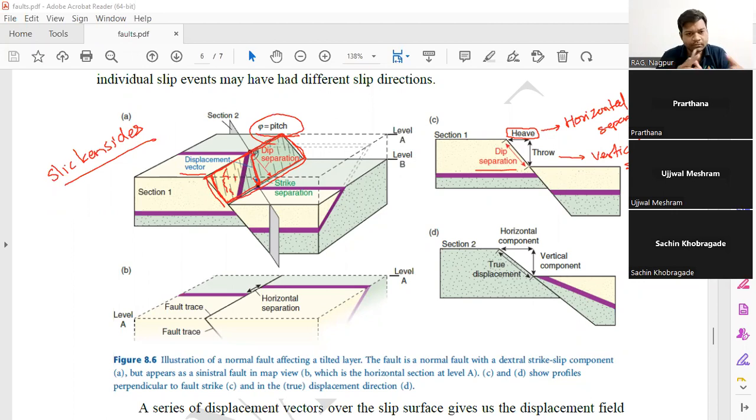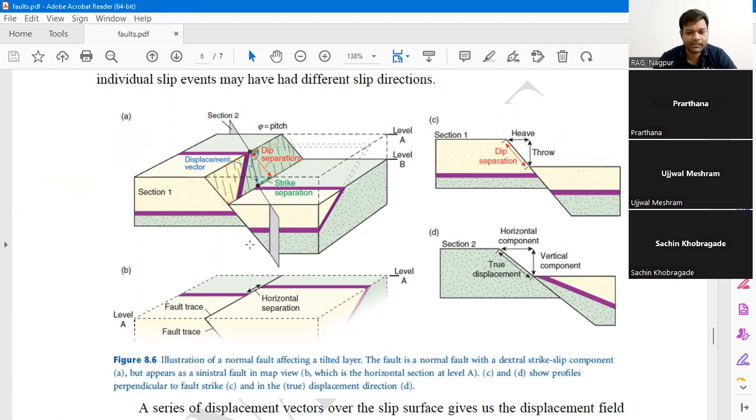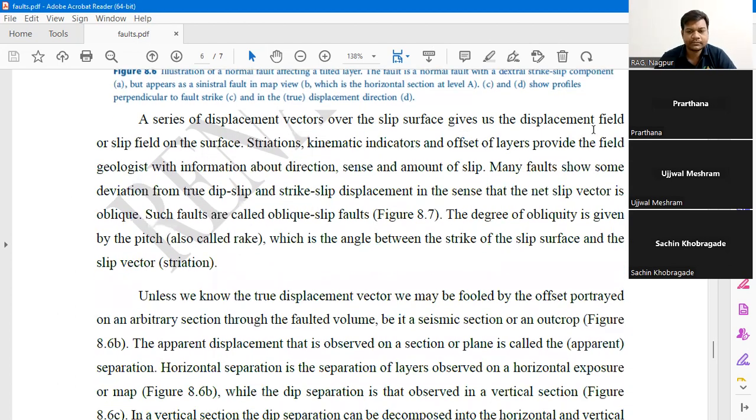Down throw means it is going downwards, and up throw means it is going upwards. Heave is this horizontal separation, or horizontal component of separation.